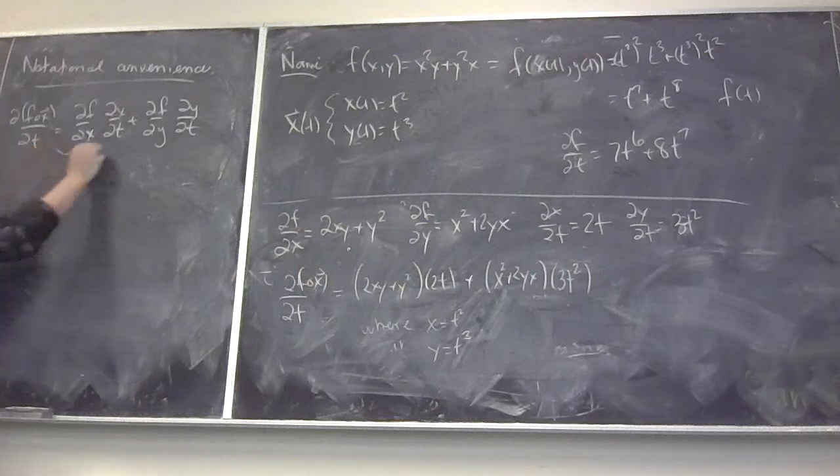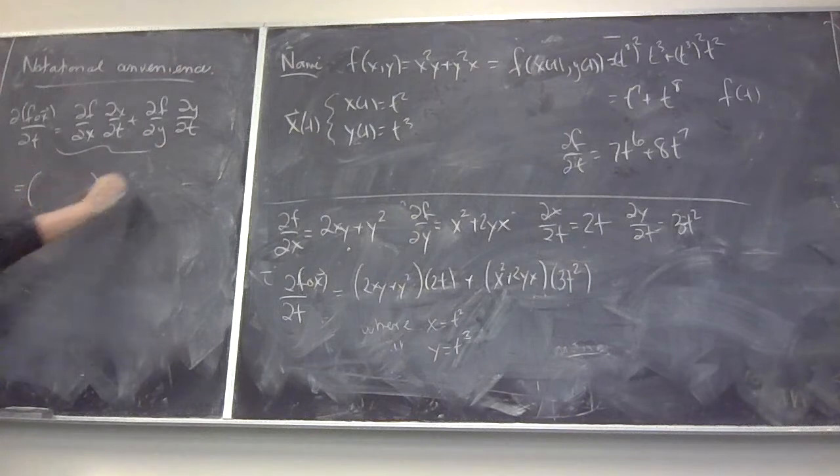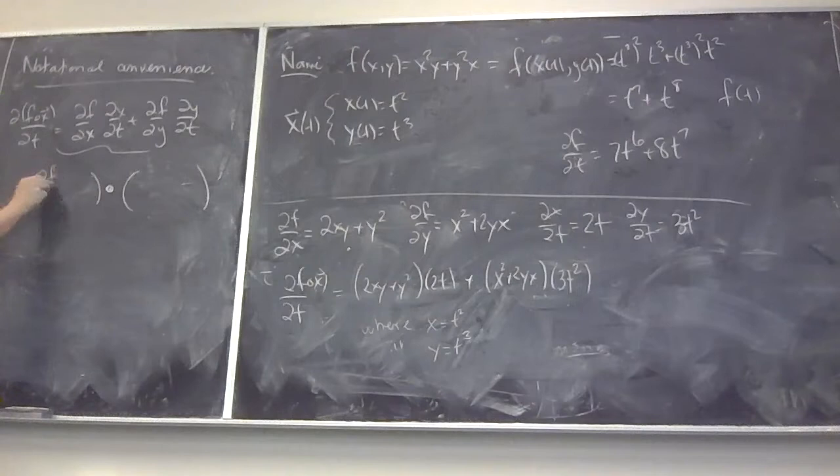Like if you took this, to me it looks like a dot product because it's a scalar times scalar, plus scalar times scalar. These both involve F, these involve X and Y. So what two vectors could you write down that would make that dot product work? One of them is df dx, df dy, because there's a df dx in the first term and a df dy in the second. Remember, a dot product is first times first plus second times second, right?